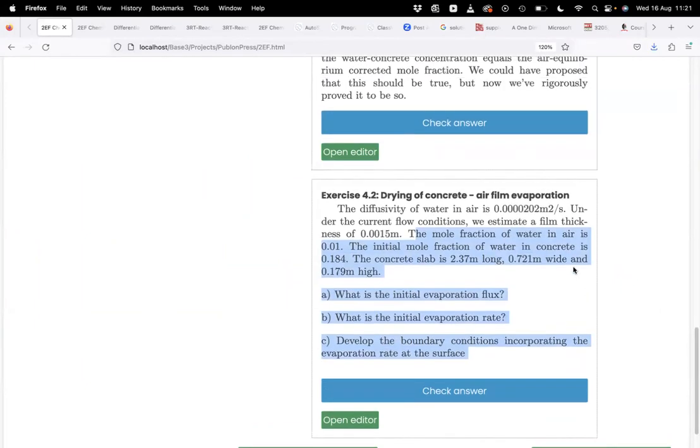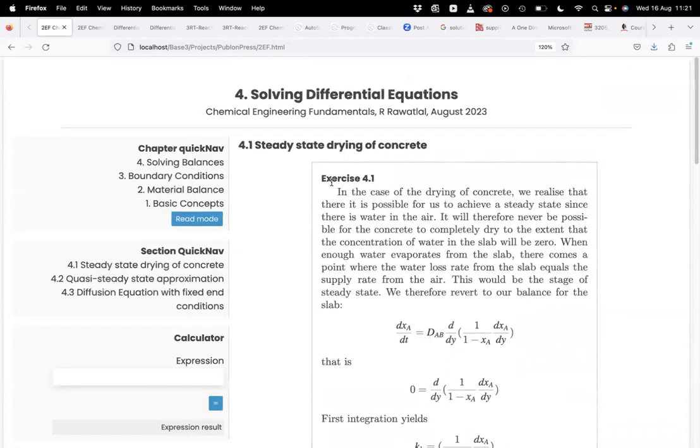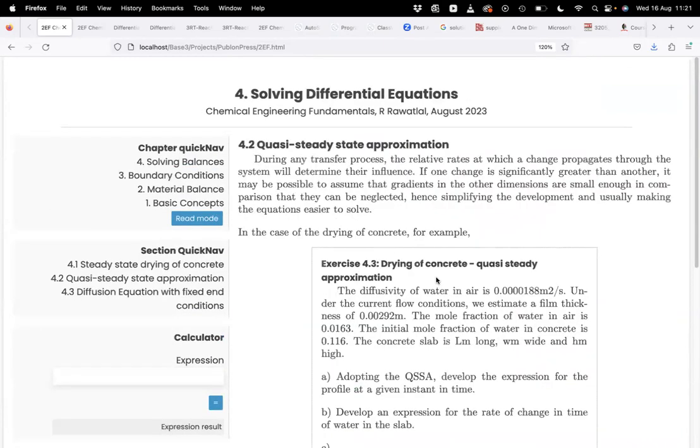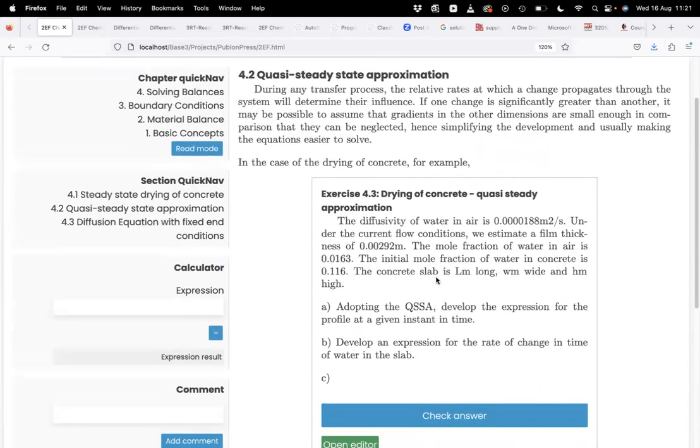All right, moving on. Let's look now at the so-called quasi-steady state approximation. So we've heard of unsteady state, we've heard of steady state, but there is another state, the quasi-steady state.